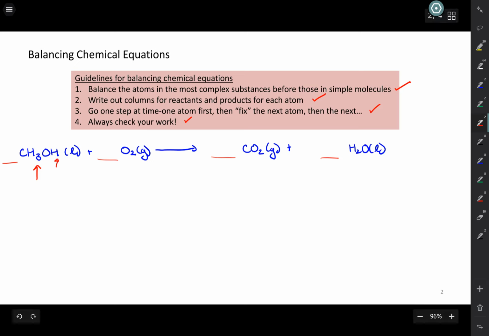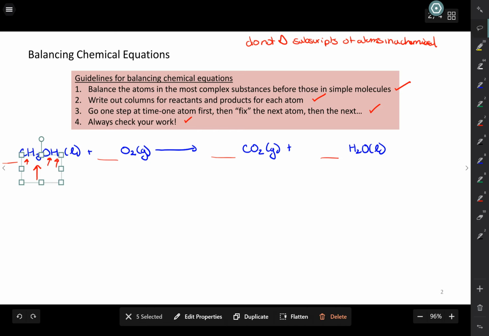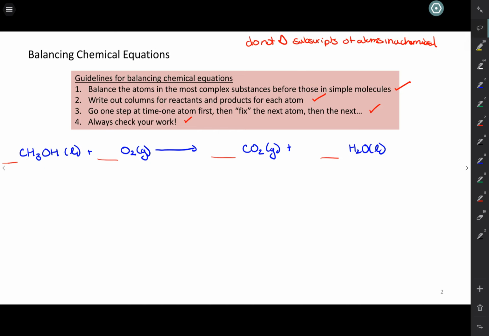We cannot change any of these subscripts that come after the atoms. If you did that, you would be changing the chemical identity, and we're not doing that in balancing chemical equations. What we're going to be doing is changing the number of moles in order to balance the elements.